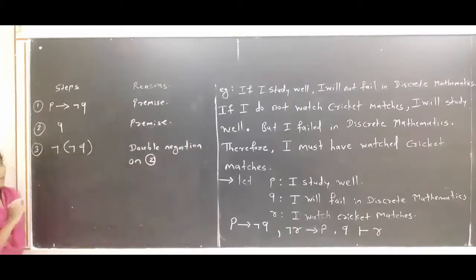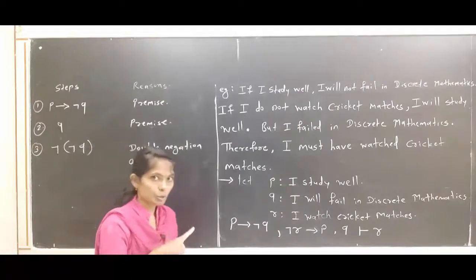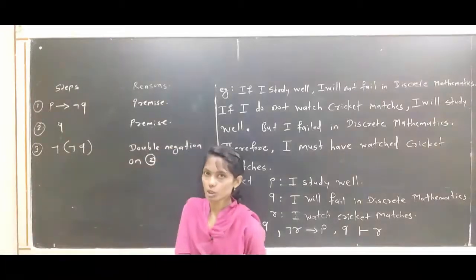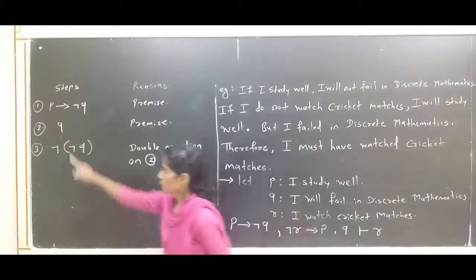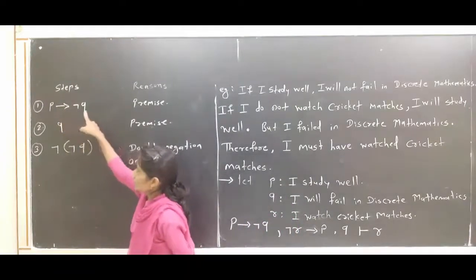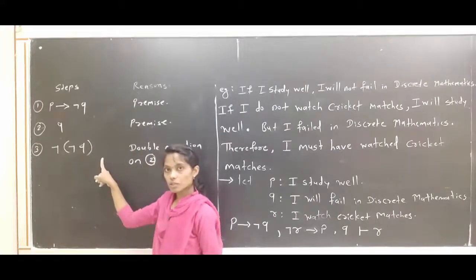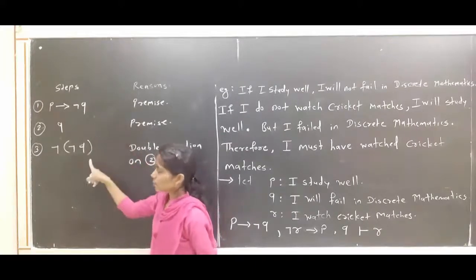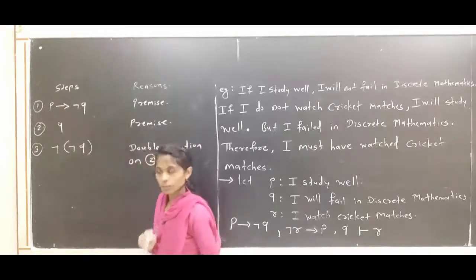Why do we apply the double negation law? We know the modus tollens law: P implies Q and negation Q, we get the conclusion negation P. So the first premise is P implies negation Q, and the second is negation of negation Q. Here we apply the modus tollens law.